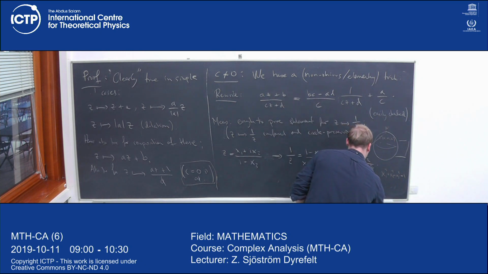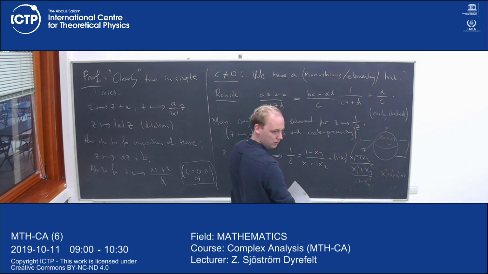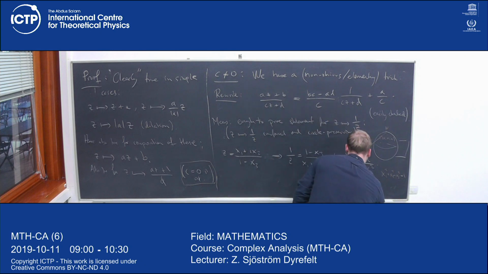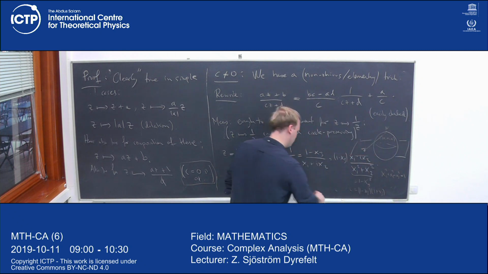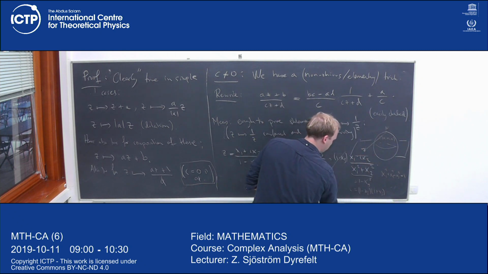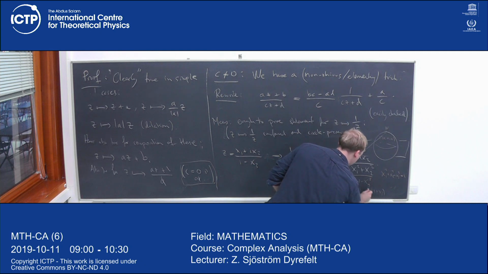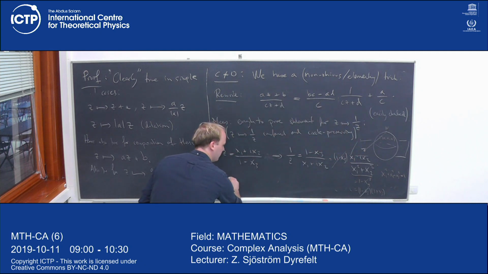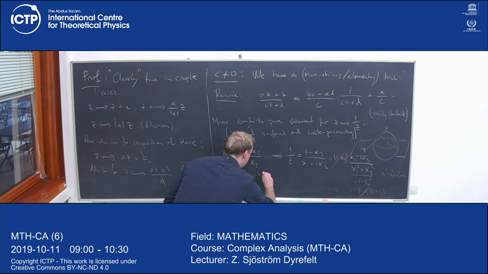So this thing here is equal to 1 minus x3 squared, which is equal to 1 minus x3 times 1 plus x3. And then these two will cancel. Okay? So this is equal to now x1 minus i x2 over 1 plus x3.